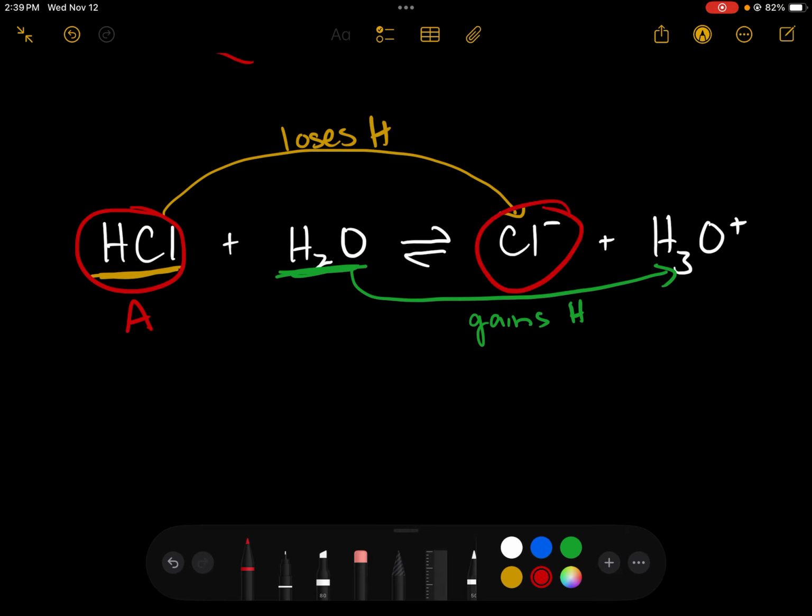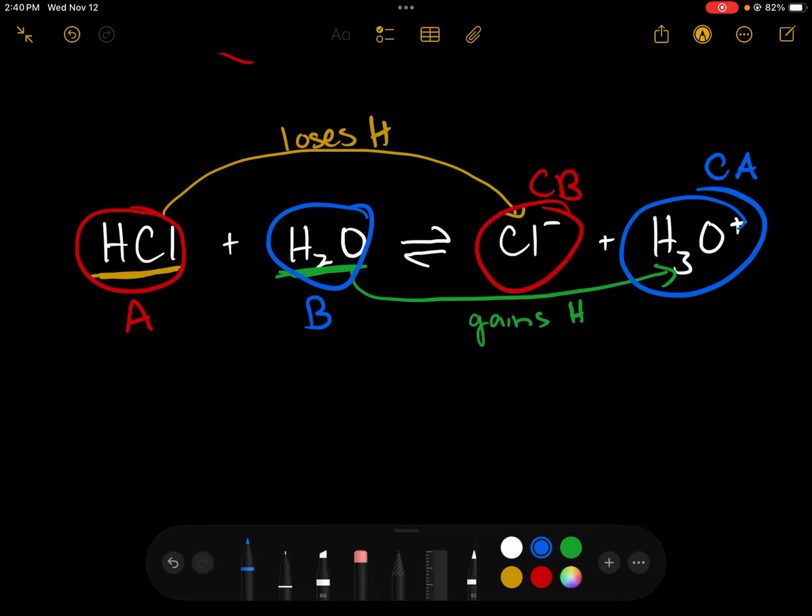On the other side here, once it has lost that hydrogen, it's going to turn into the conjugate base. I know that bases tend to gain hydrogens or accept them, so that makes this thing my base. And over here, once that process is done, it's going to turn into the conjugate acid.